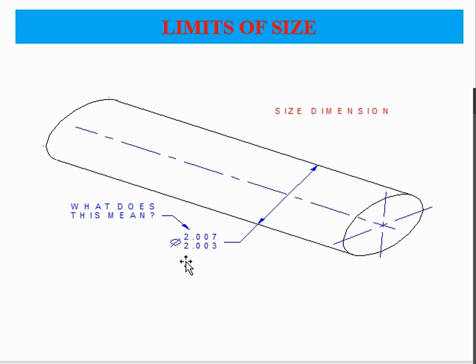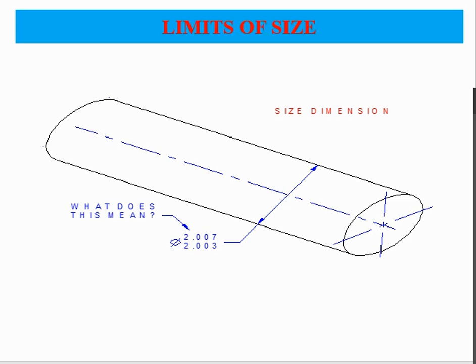This is your basic size. On that basic size, on the upper side, we have given a tolerance of 0.07, and on the lower side we have given a tolerance of 0.03. So 2.007 will be known as your MMC, and 2.003 will be known as LMC.